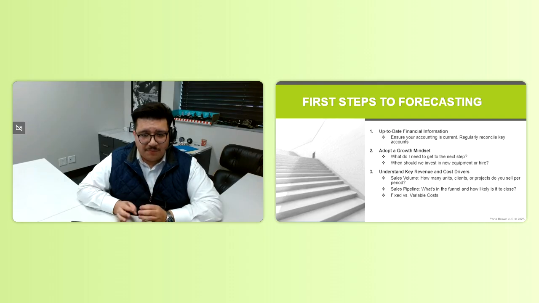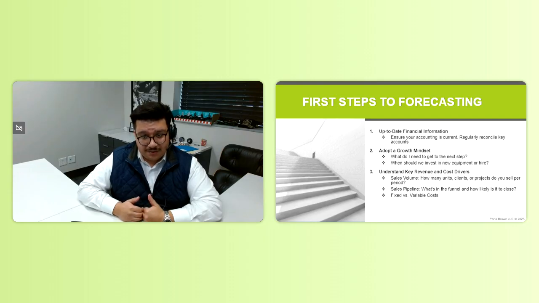And so where that comes practically from going from that growth mindset is really understanding your key revenue and cost drivers. Revenue is what drives the profit and loss. So you really have to understand what you need to do in order to generate that revenue. How many units or how many clients do I need? How many projects do I need to sell in a period? And on the flip side, you also have to know what the costs are. So you have to know what your sales pipeline is, in terms of how likely I am to close these clients if you're project based.